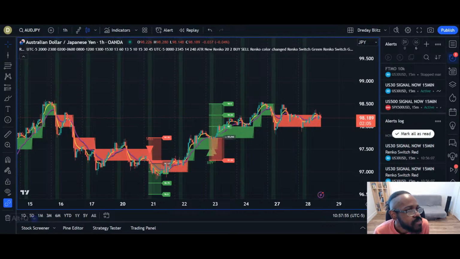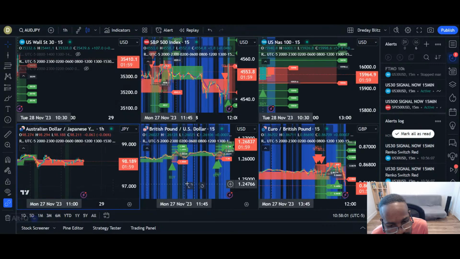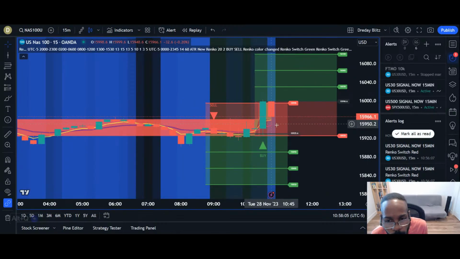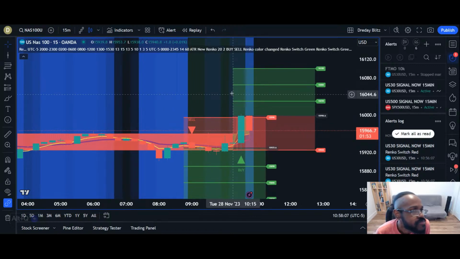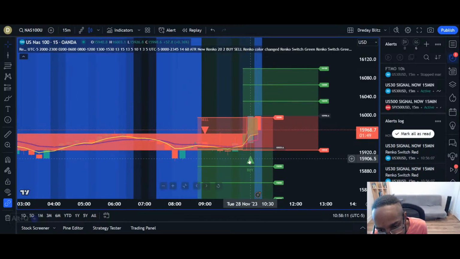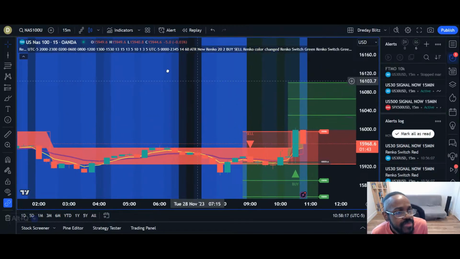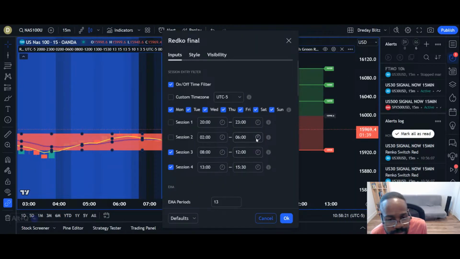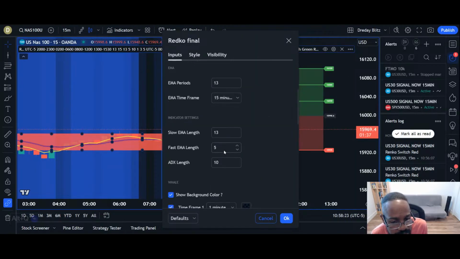Yeah. Let me check. So there's a buy signal that came in at 10:30. That's off of the 15-minute chart. So let's look at the 1 hour one. So same principle.